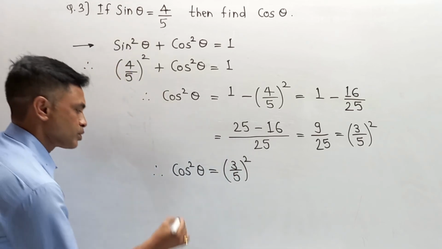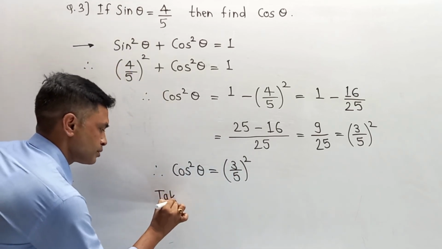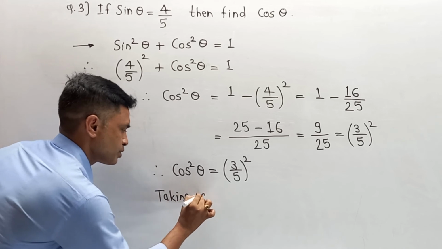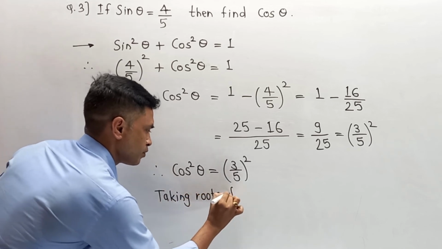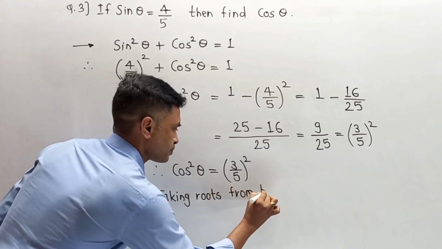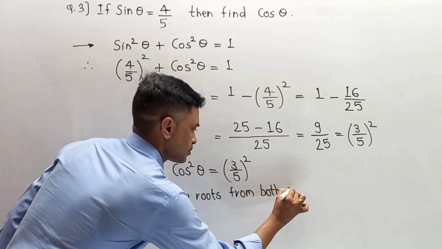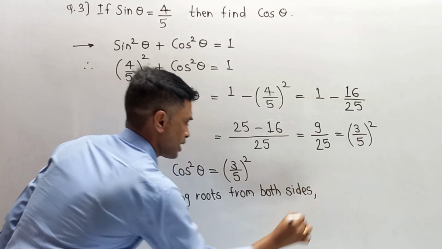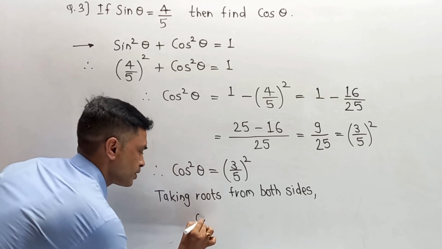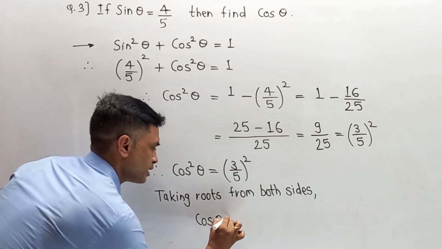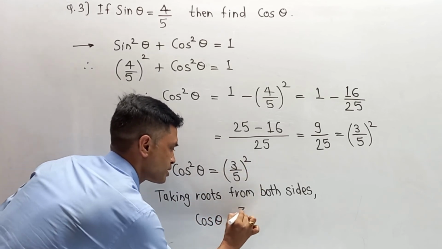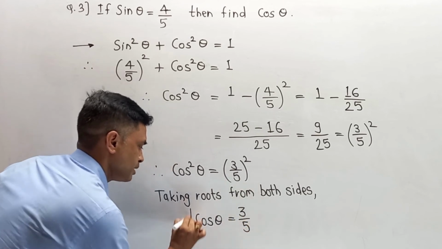So taking roots from both sides, cos square theta gets converted into cos theta, and (3 upon 5) square without the square is simply 3 upon 5.